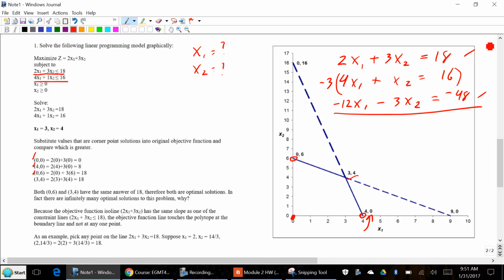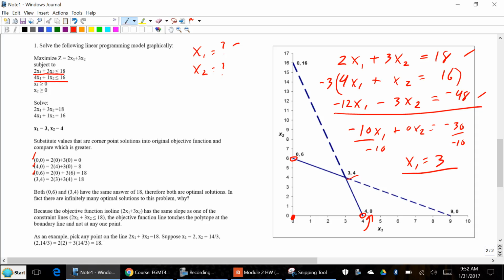So I get negative 10x1 plus 3 minus 3 is going to be plus 0x2, is equal to negative 30. Divided by negative 10, I get x1 is equal to 3, right?